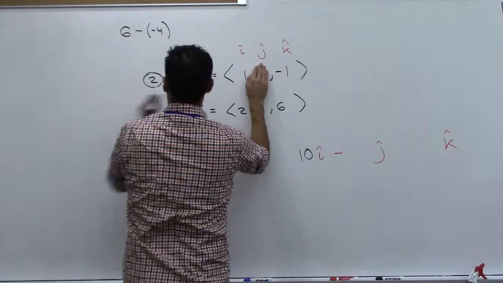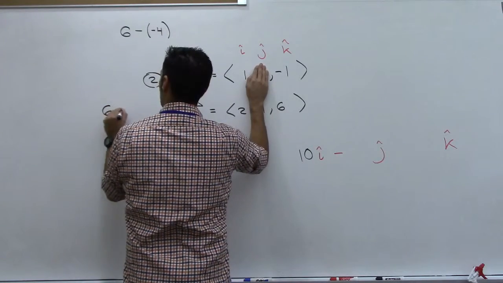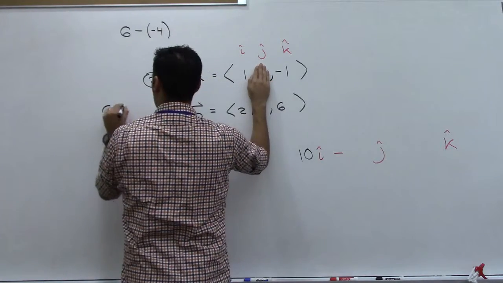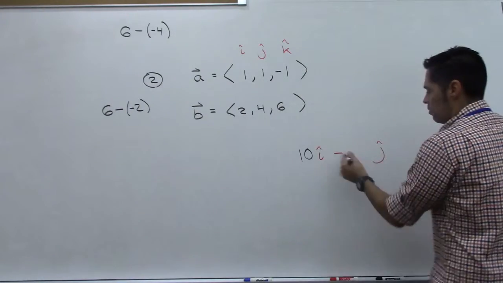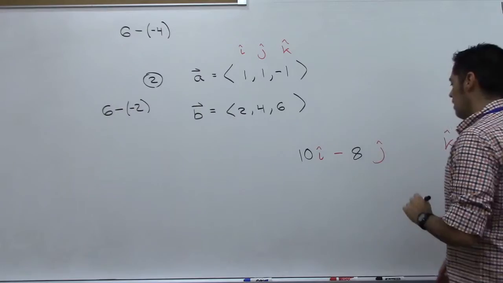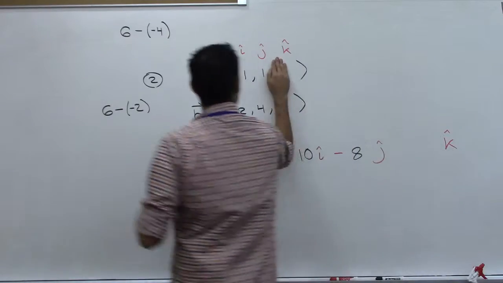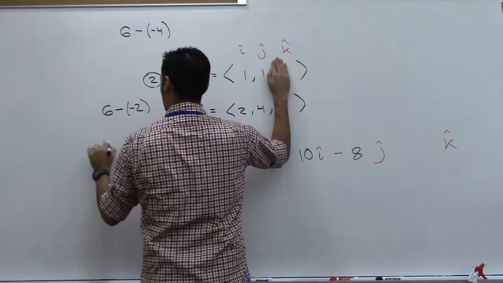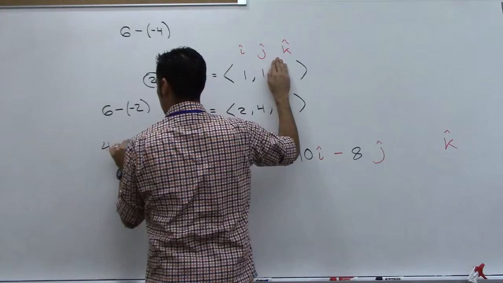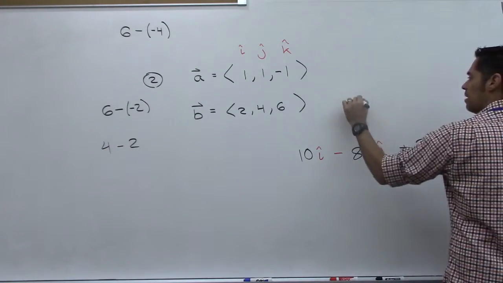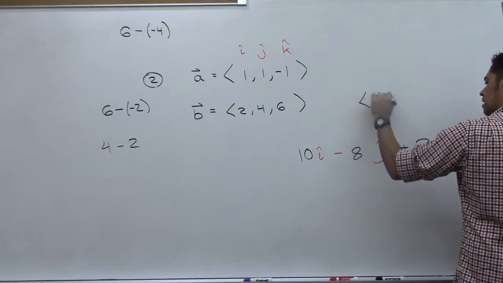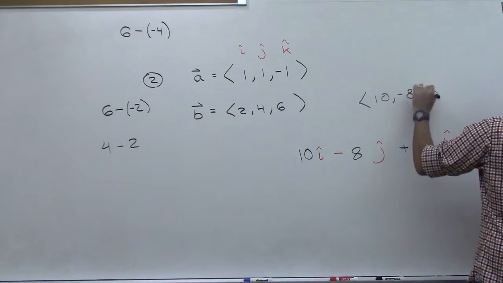So 1 times 6 is 6, and then minus 2 times negative 1 is negative 2. We add those together, we get 8, but then we're going to subtract it, so minus 8. And then to get K, cover these up, 4, and then minus 2, which is 2, so positive 2 here. So the answer for the cross product would be 10, negative 8, 2.